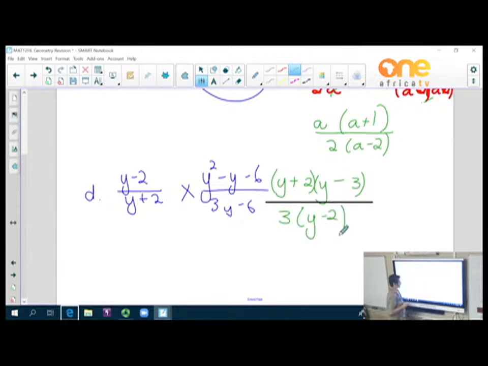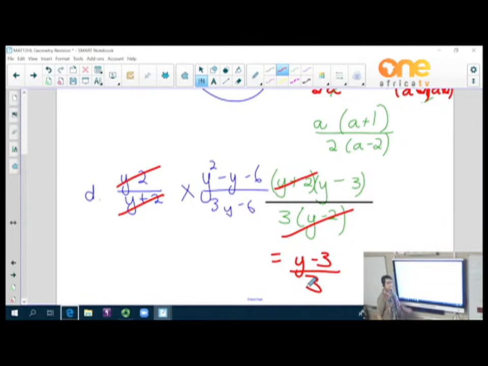So here we factorized. And now we can cancel. So this y minus 2 and this one will cancel. Y plus 2 and that y plus 2 will cancel out. And then there remains y minus 3 over 3. And I cannot cancel those 3's. Remember, this is subtraction. No, never. That's what you cannot do.